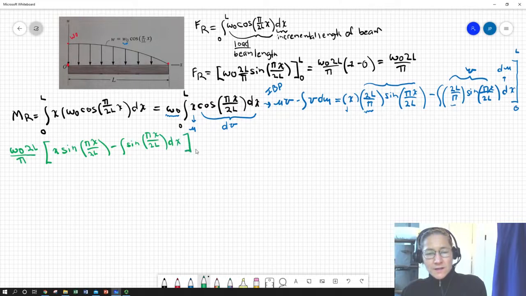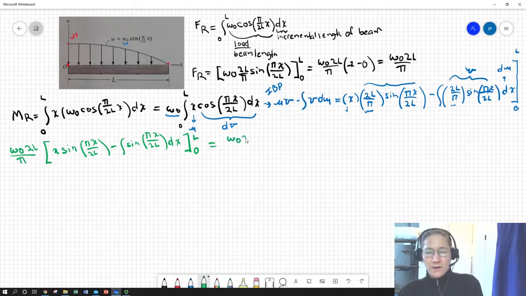And again, all this is going to get evaluated from 0 to L. So let's make sure we factored those terms out. We had our W0, which we're going to bring back in, that was implicitly distributed over this whole thing, and we have 2L over pi. Take that out, we're left with x sine pi x over 2L. And we took the 2L over pi out of the integral. The integral is still being subtracted, and we should be left with the sine pi x over 2L dx, which is what we have.